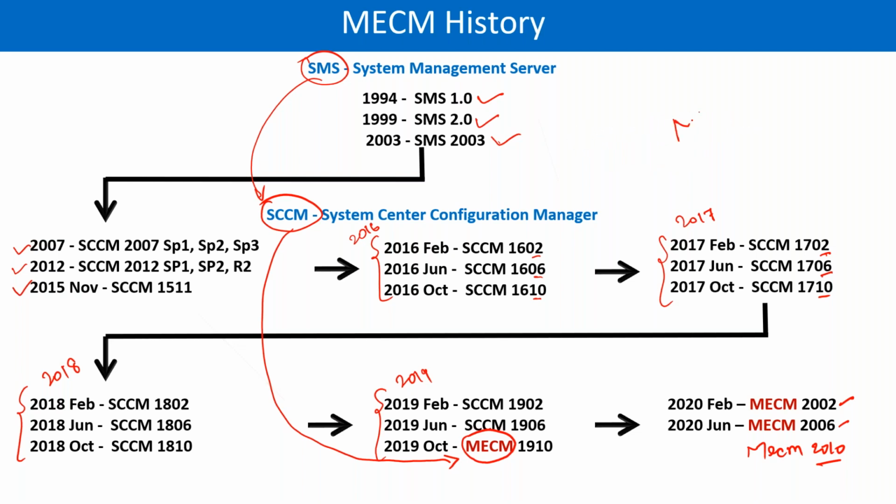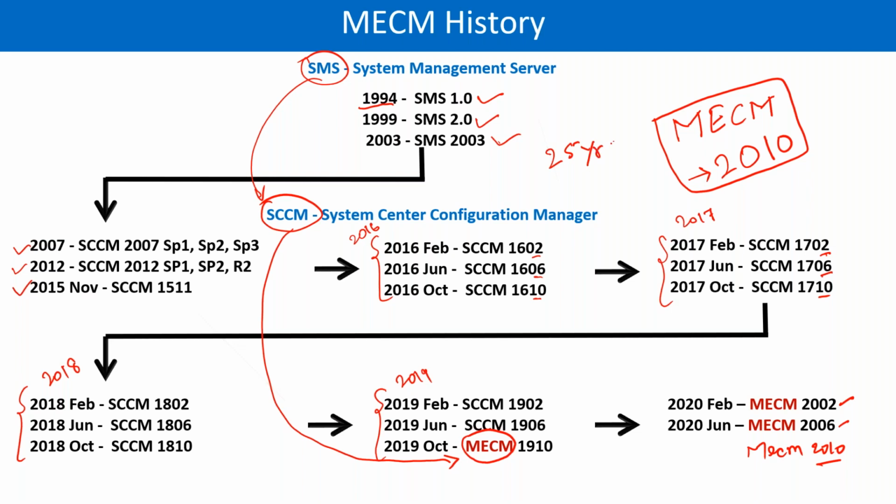So the latest and greatest version of SCCM is MECM 2010. So if you see, it started from 1994, and now the latest and greatest version is 2010. Almost more than 25 years this product is there in the market. 25 years, you see.